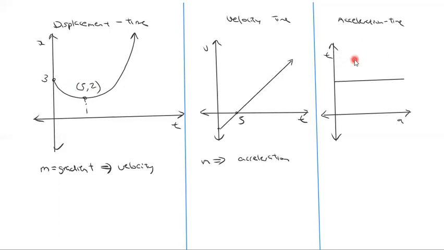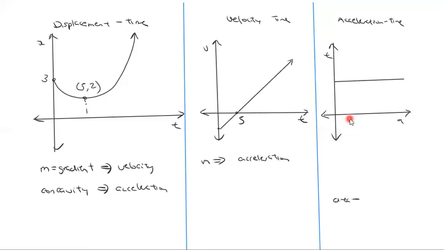What's the relationship between acceleration and displacement? Concavity. Correct, because it's a second derivative. So the concavity would represent acceleration. So you can see that in this case, the concavity is up, it's concave up, which is telling us that acceleration is positive. Yeah. So now, what do you think the area under the acceleration time graph would represent?